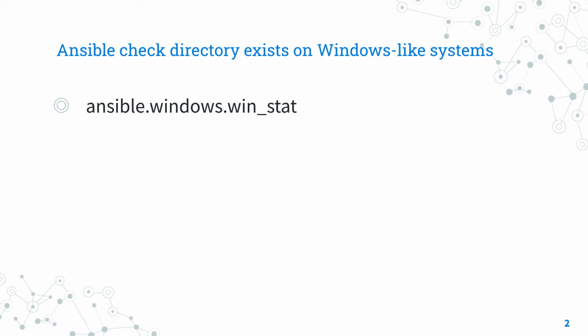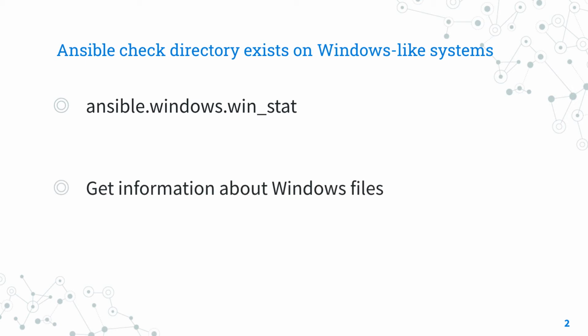It's a pretty stable module, out for years. It works in Windows and Windows Server operating systems. It gets information about a Windows file. For Linux targets, use the stat module instead.